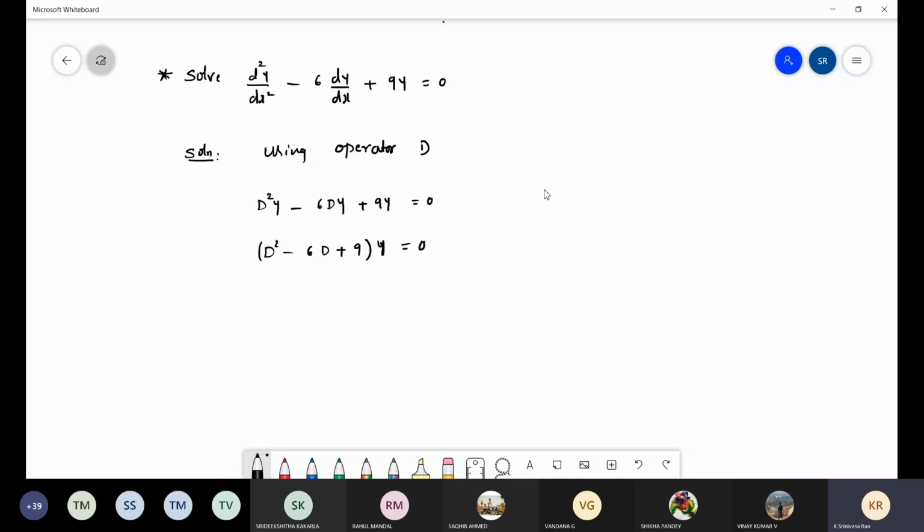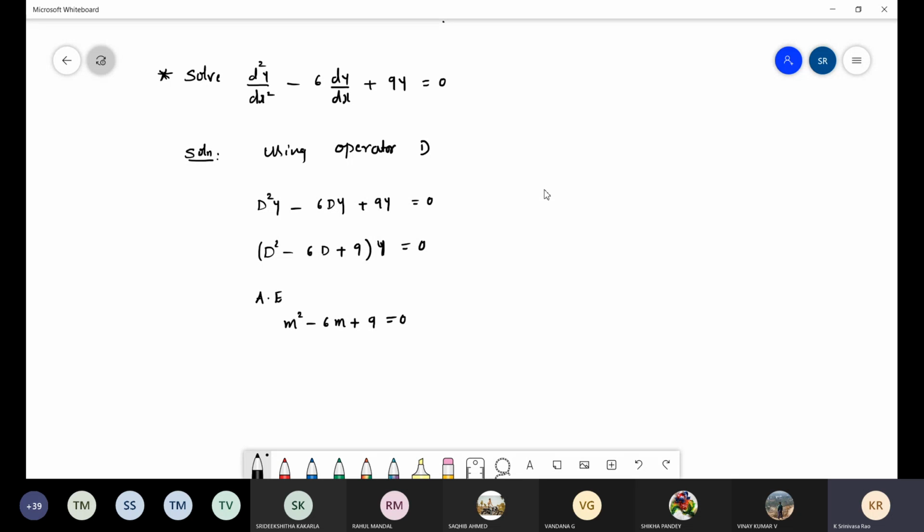And see, this is the first part for the next problem; calculating yc is common. The auxiliary equation I can write directly: m square minus 6m plus 9 equal to 0. Just write this short form; it is understood that we are replacing d by m and we will not write the variable y.